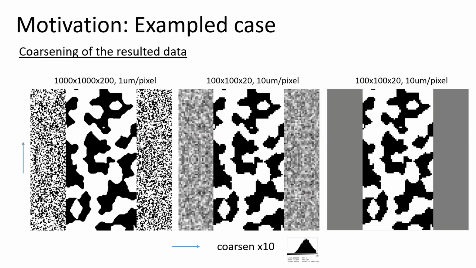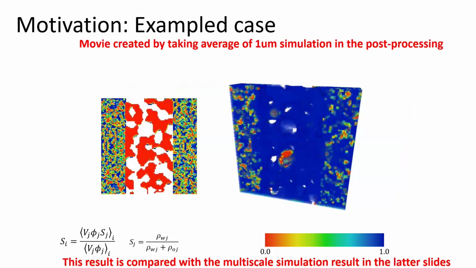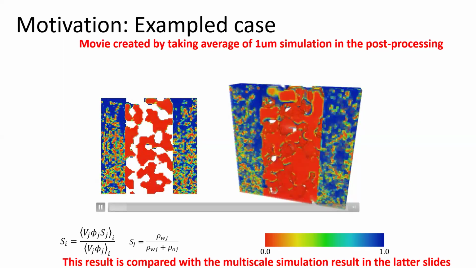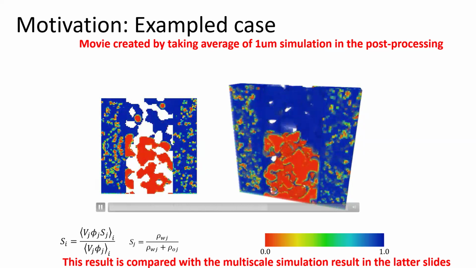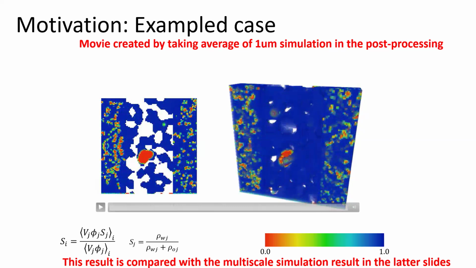Then most of the fine structures are under-resolved now. What we did first is, with post-processing, we coarsen the simulation result by 10 times, taking the average of the previous simulation result.